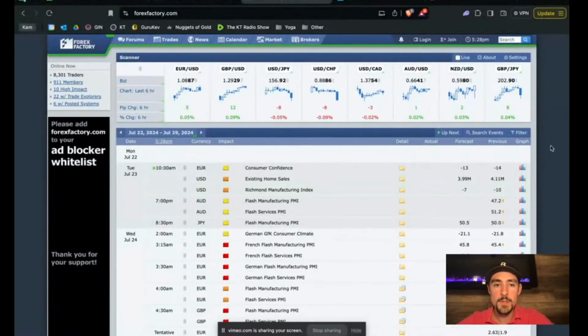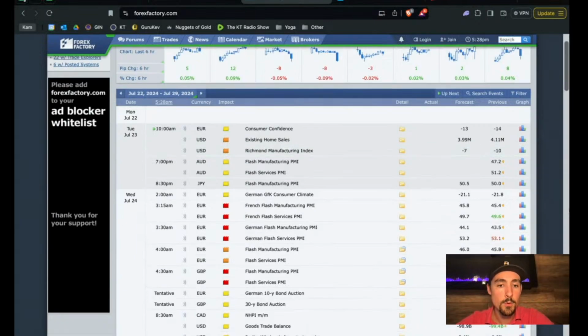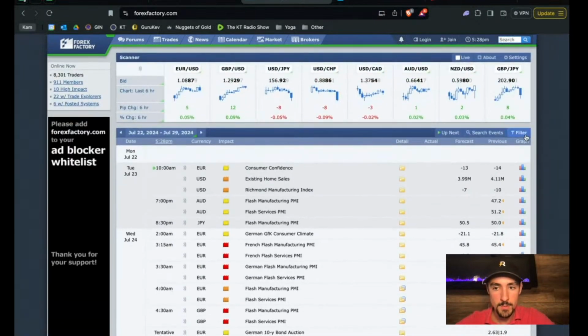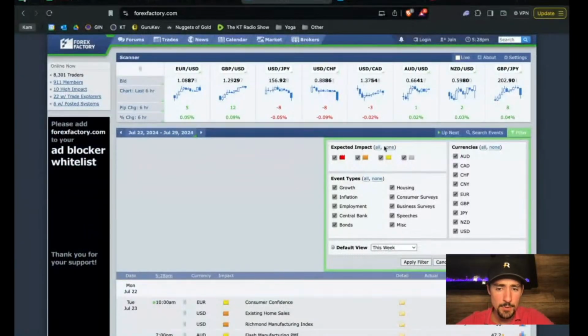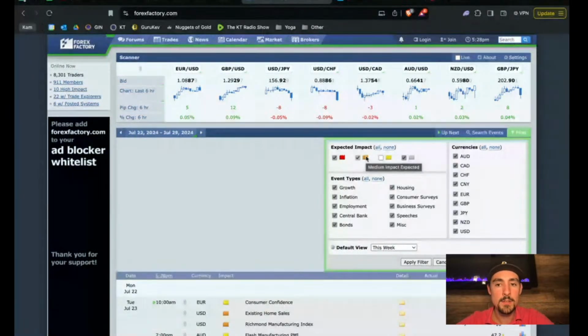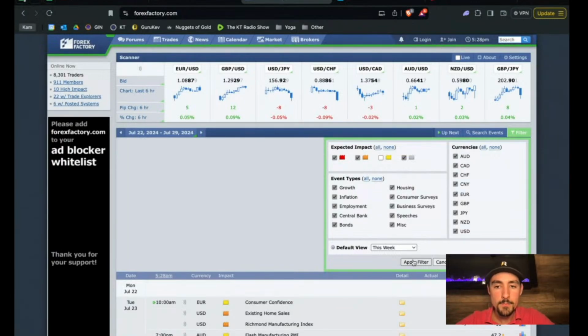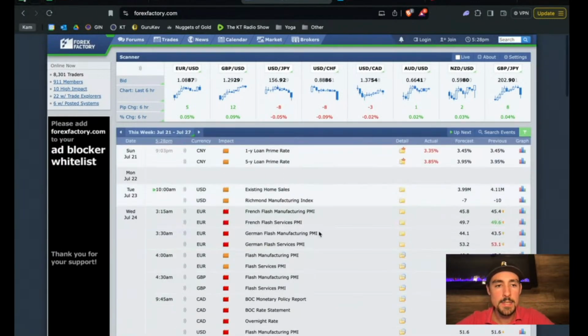For those of you that don't use this platform or are unfamiliar, this shows all the low, medium, or high impact news events that are scheduled and set in stone for the week prior to being released. Typically, I'll only really consider orange and red folders, which are high impact expected and medium impact expected news events. So I'll usually just apply it and look like this.